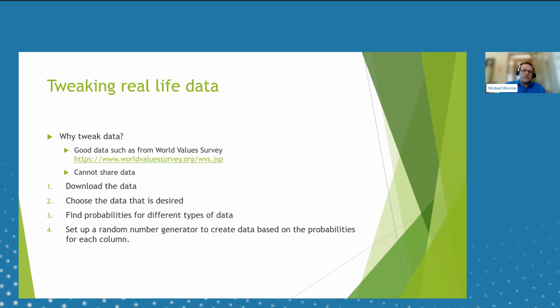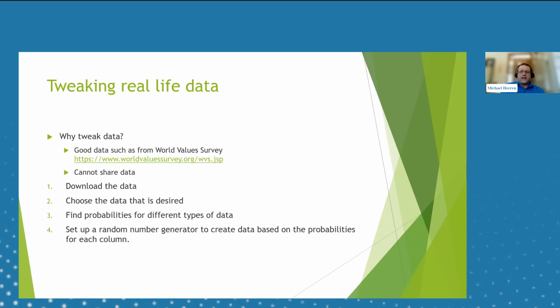The first thing that I would do is just download the actual data itself from that website. So I have some good data to work with. And then I sort the data itself into different categories. Because I'm doing that, I can create the probabilities for some of the different types of data to actually occur.